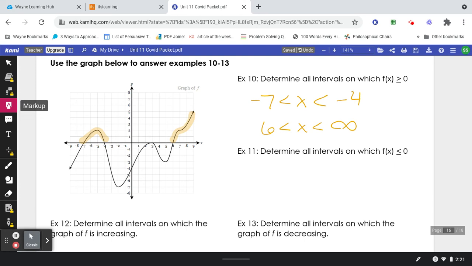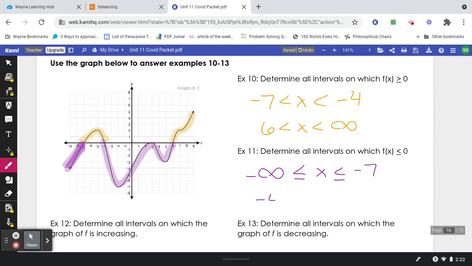Then we've got our negative section, which would be this area, so 2 sections. From negative infinity, again, use that symbol, to negative 7.